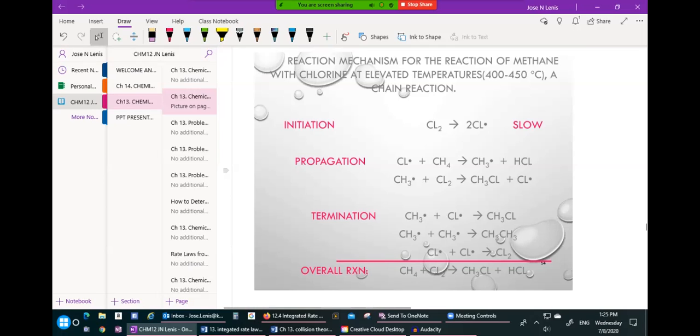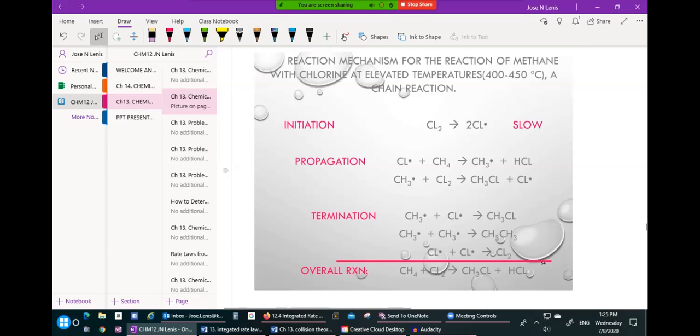And this is a slow process, because it needs to go through high heat. That means the molecule needs to gain enough kinetic energy to break down into two radicals.